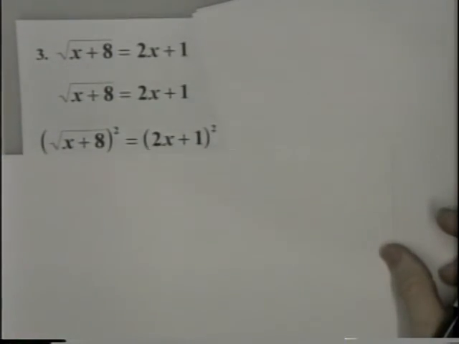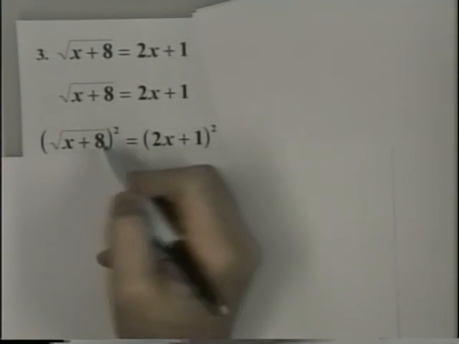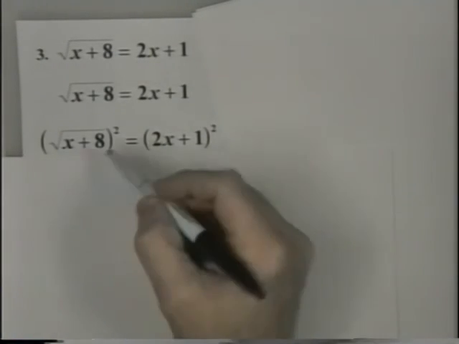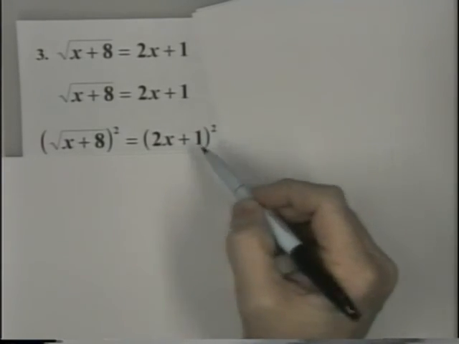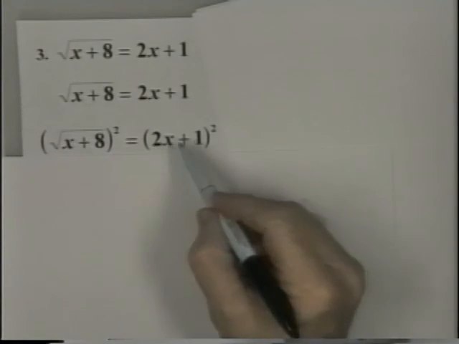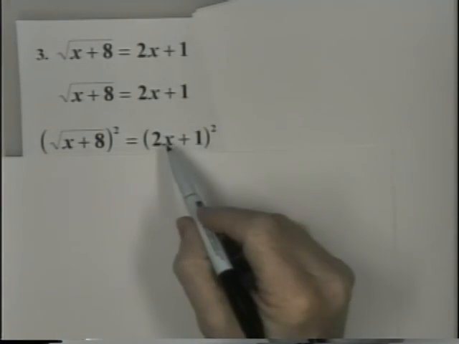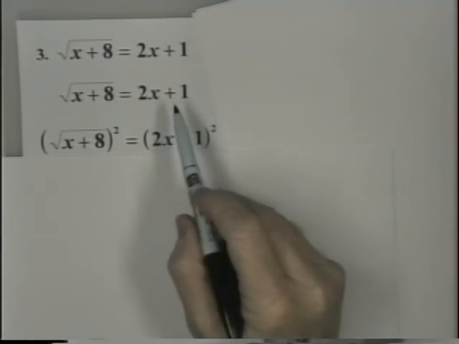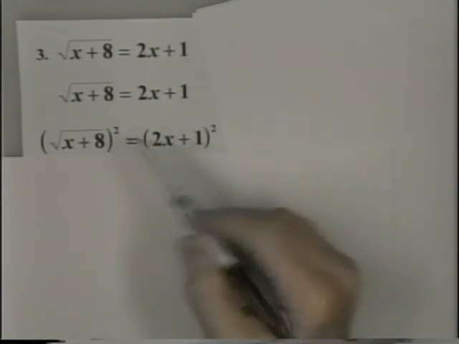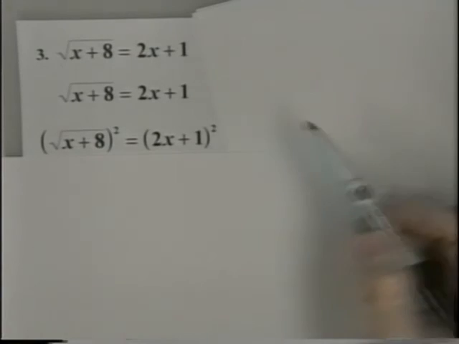So let's square both sides. Again, remember, you're going to put parentheses around everything on the left side, square it, and everything on the right side and square it. And be very careful to do that, and you won't make the mistake of just squaring both terms. That's not what it's saying. It's saying square both sides, the left and the right.